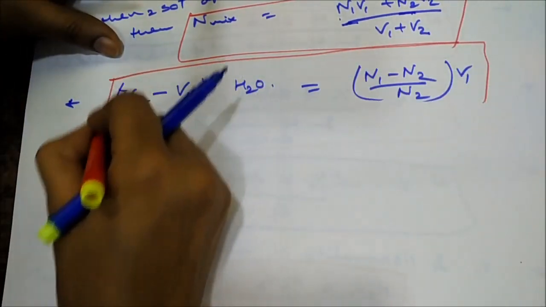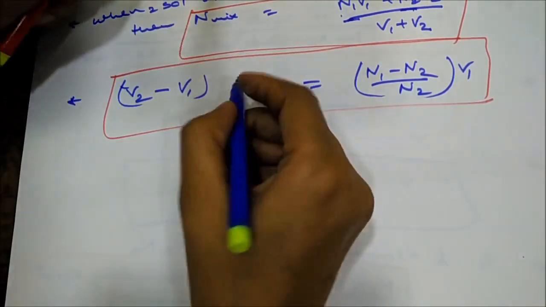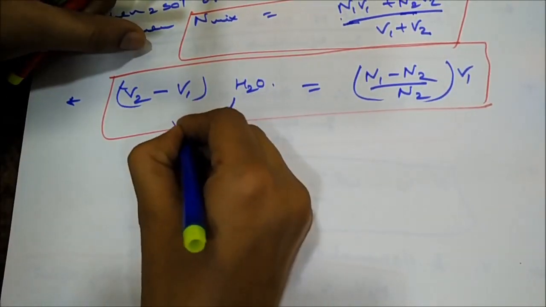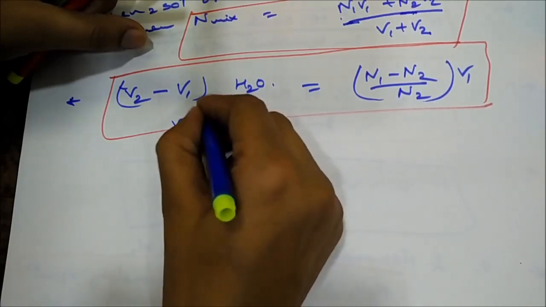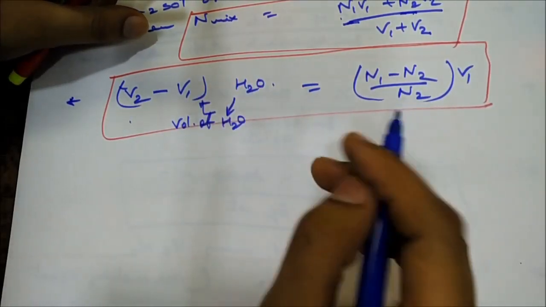Here V2 minus V1 is the volume of water. Volume of water is V2 minus V1.